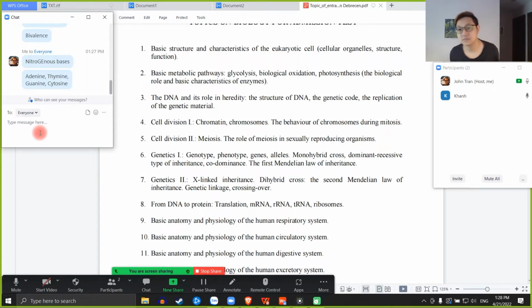Condensation reactions between the sugar and phosphate group of 2 nucleotides allow the formation of polynucleotides.